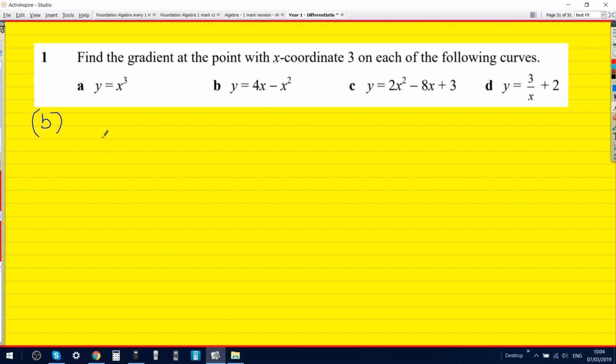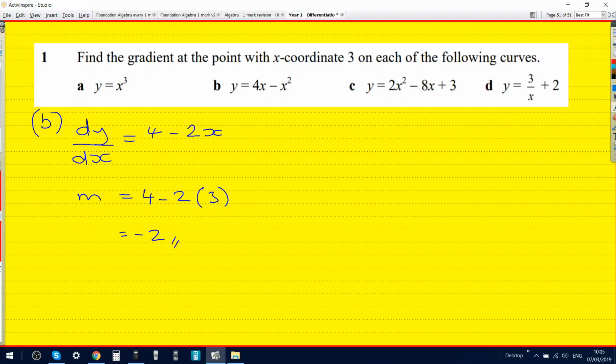Do you need to differentiate first? Yeah. So you get 4 minus 2x. Mm-hmm. X coordinate, and then can you put 3 in? Yeah. So 6, so you get minus 2.